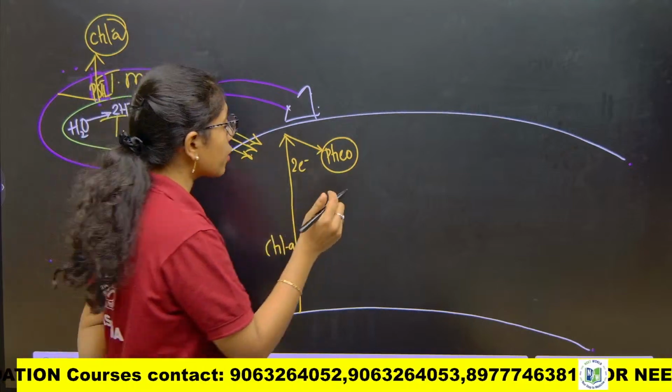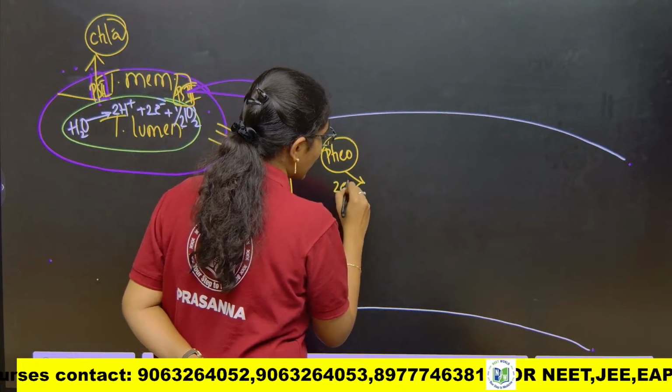Pheophytin will take the 2 electrons and give them to plastoquinone.